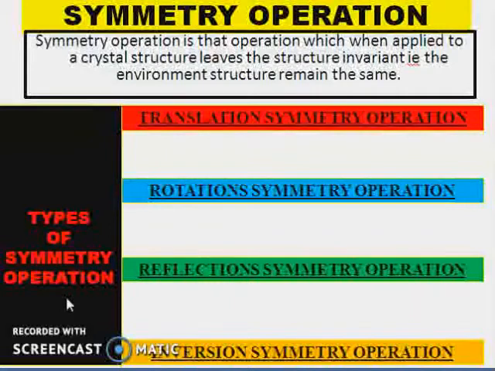So let us talk first about translational symmetry operation. It is the operation which, when you apply it to a lattice point, you will get a new lattice point which has the same identical surrounding as the first lattice point. And that we discussed in the last 2 lectures, the translational operation, which is given by T. When you apply T, you can go from R to R dash, and this T is called the translational operation.